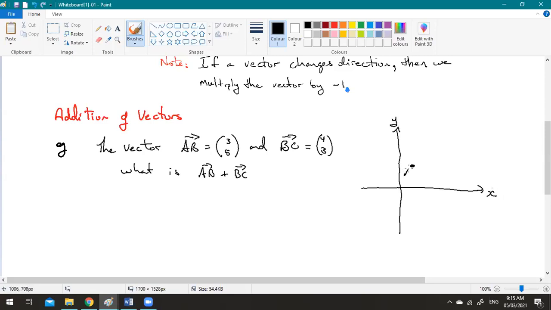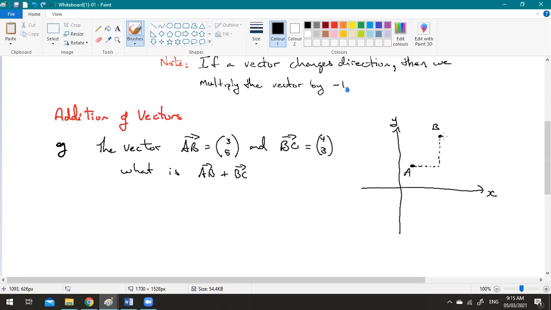If we call this point A, and we go to the point B, there's a positive 3 and a positive 5, what direction would I go? I'd go to the right 3 spaces, and then up 5 spaces. So B will be here. And then from B to C is positive 4, positive 3.